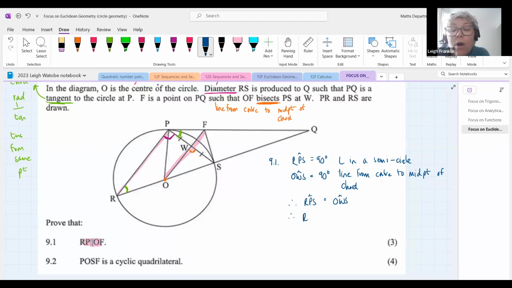Therefore, RP parallel to OF because corresponding angles are equal. Okay, so 3 marks here. Statement, reason, and then this statement over here that I'm underlining in green together with your reason over there would be your last statement, reason mark.